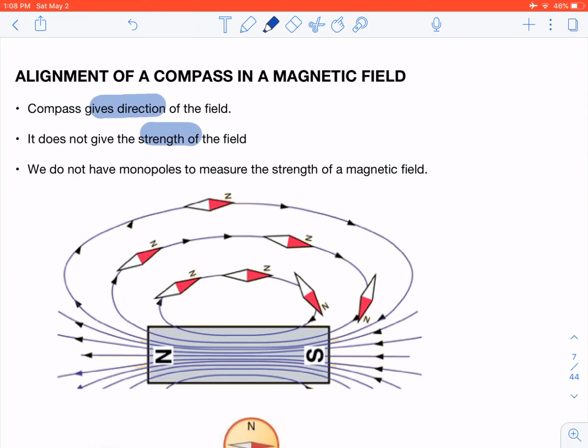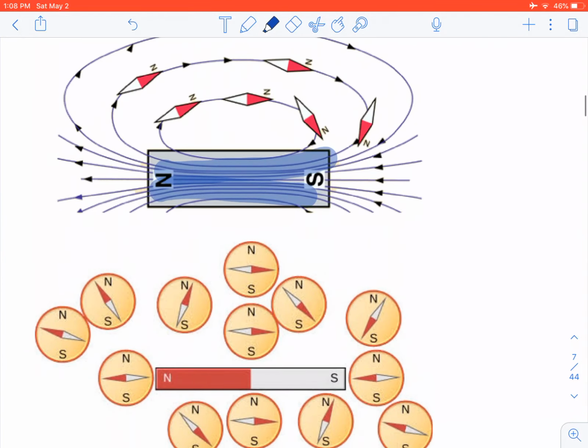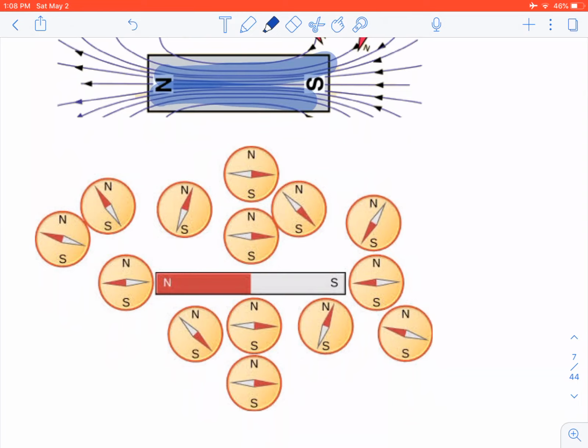Right here, it shows you nicely that you've got your field, and your field then moves through your magnet like that, and it continues and it forms a loop. And it shows you the alignment of your compass needles. I've illustrated this as well.